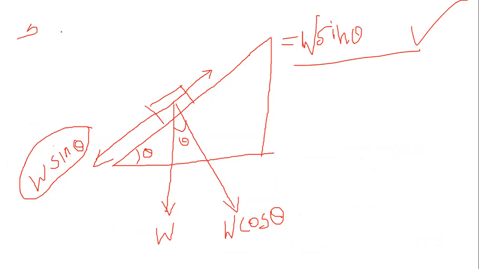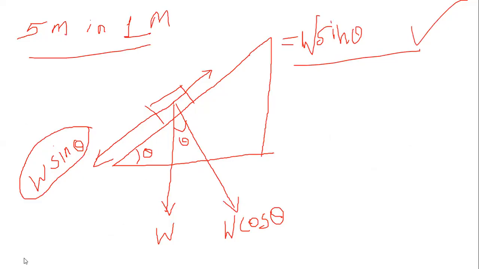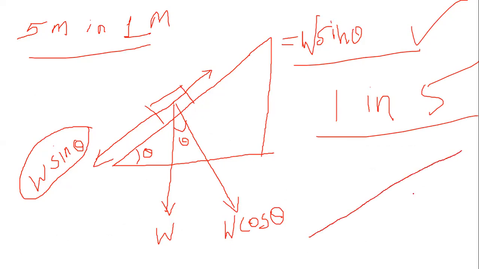So 5 meter and 1 meter. So here they have given, if the gradient is expressed as 1 in 5. 1 in 5 indicates that, I will draw it with some proportion.